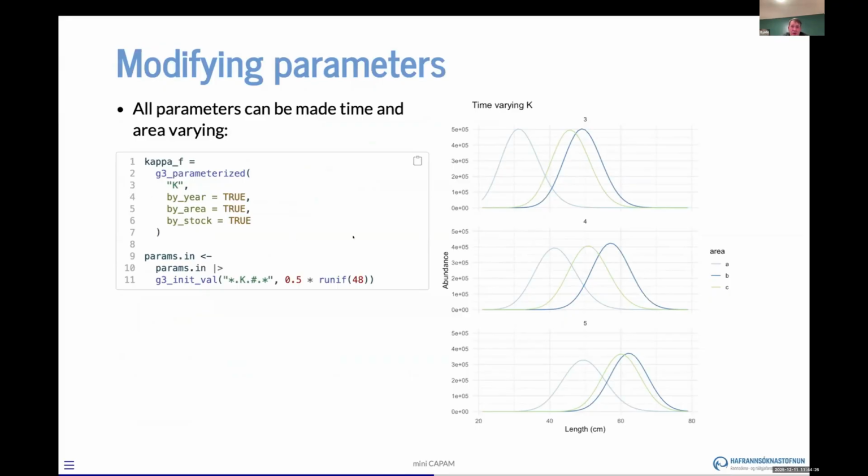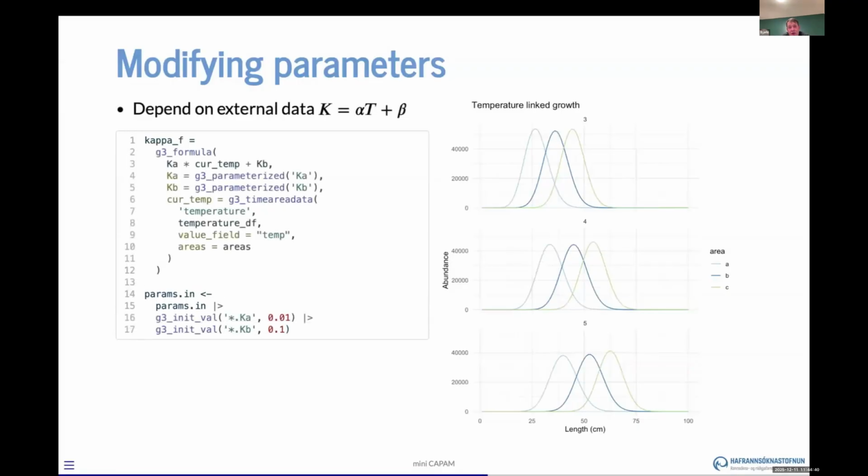Here's an example of how you would do that, with some random values that I assign to the K parameter in the von Bertalanffy growth curve. You can also have K dependent on external data sets. For example, if you have temperature by area, you can specify it like that, and you can see there will be an effect on the growth.